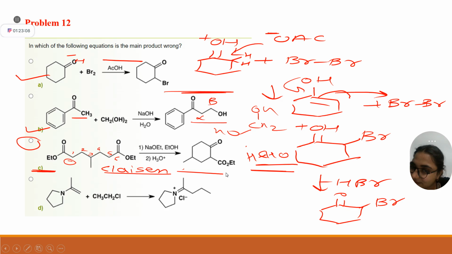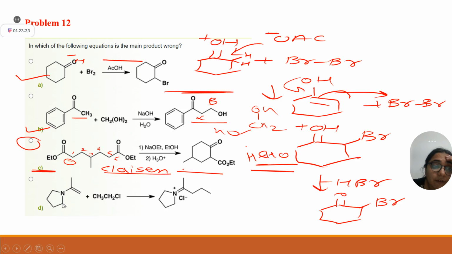Simple reaction. Just taking the alpha proton and attacking onto the carbonyl. Remember students, intramolecular reactions are always fast, and formation of 5-membered and 6-membered rings is stable.